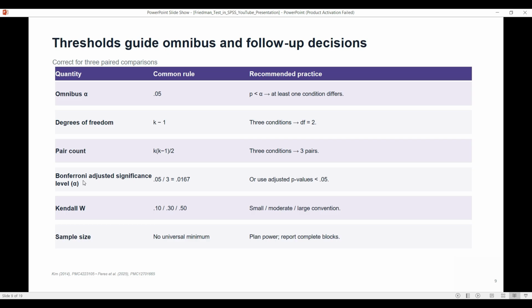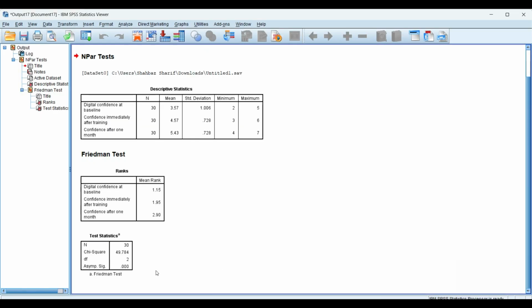The most important thing is the Bonferroni adjusted significance level, which is calculated by dividing the significance level 0.05 by 3, and we get the Bonferroni adjusted significance level of 0.0167. We also compare whether the value of our test is lower than the Bonferroni adjusted significance level and the significance level.